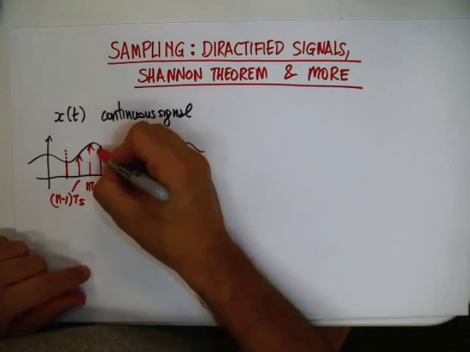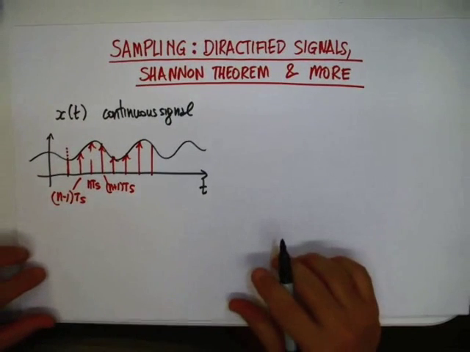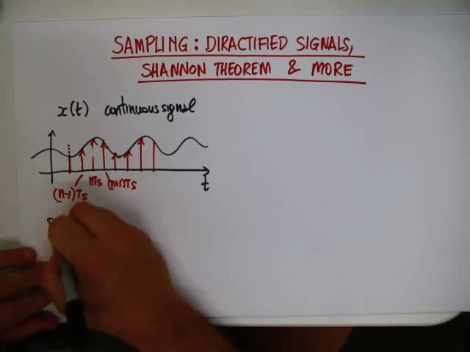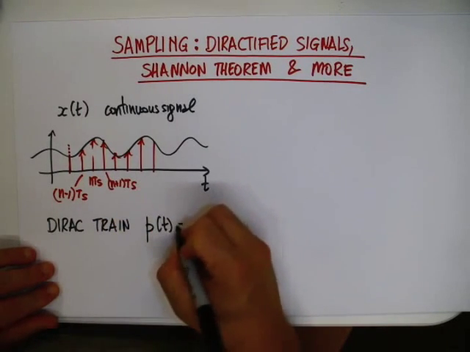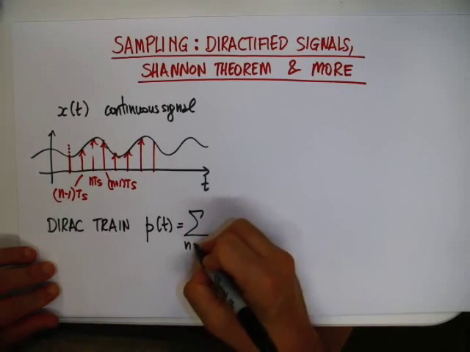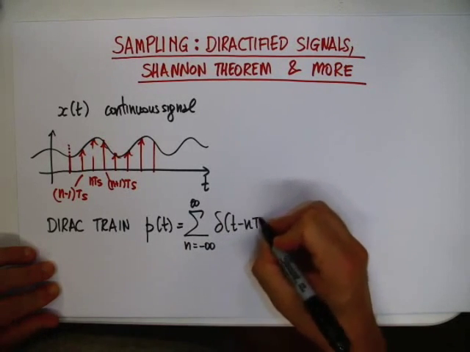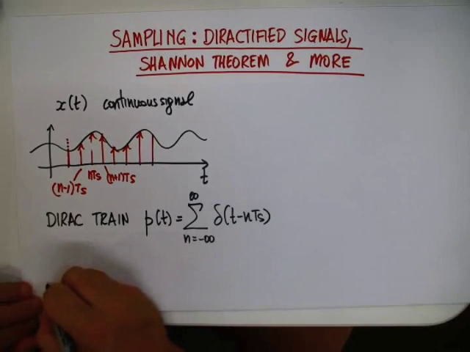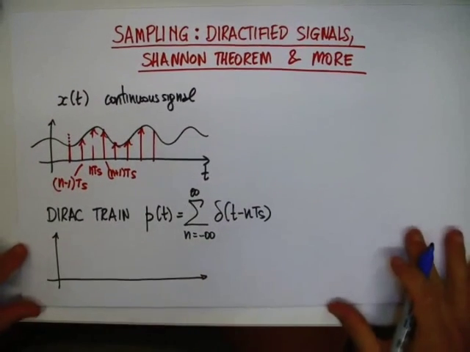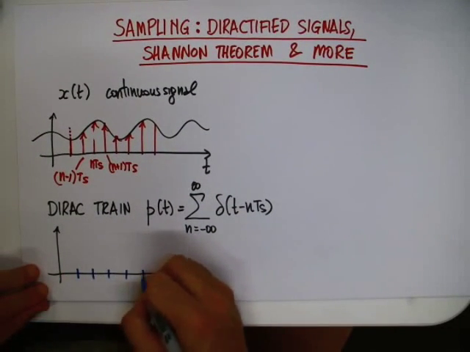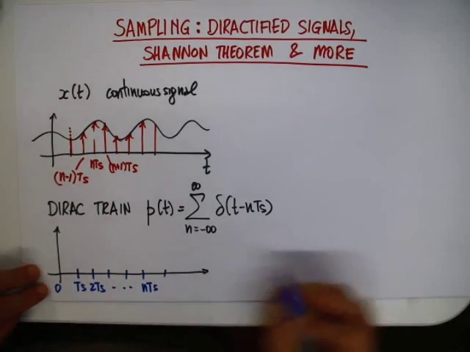And in order to do that, we need to consider the Dirac train p of t given by the sum from minus infinity to infinity of deltas at 0, Ts, 2Ts and so on.